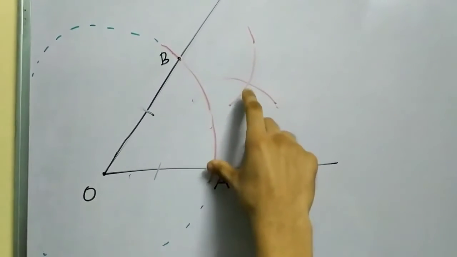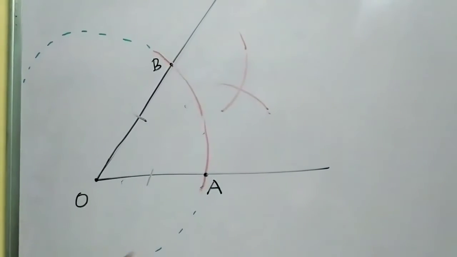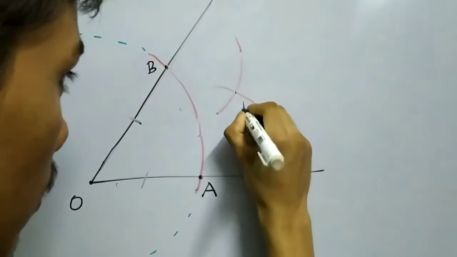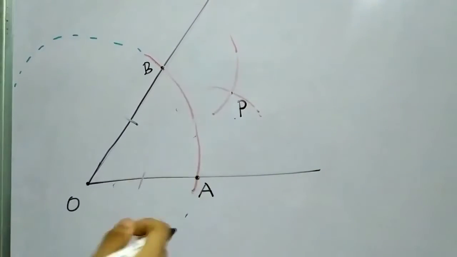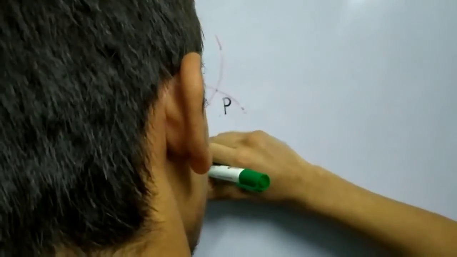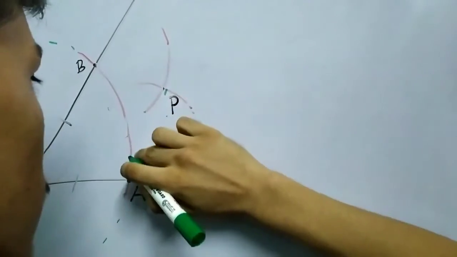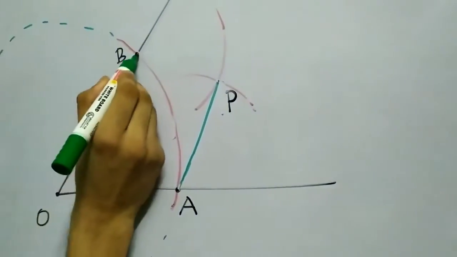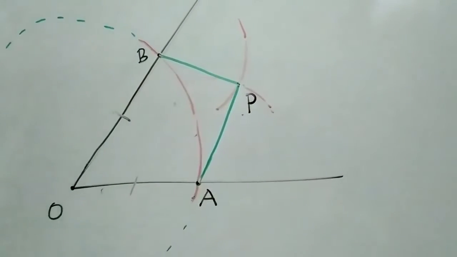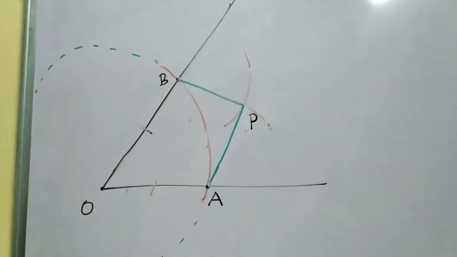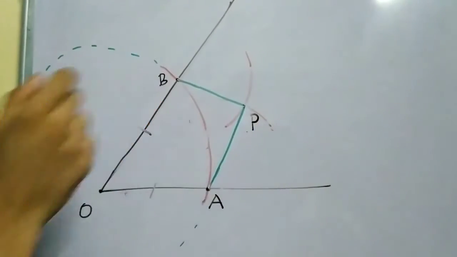Now let me call this point P, and let me join AP and PB. You get something like this. This is AP, this is BP. Now again, AP will be equal to BP.